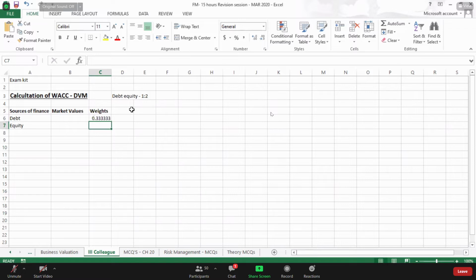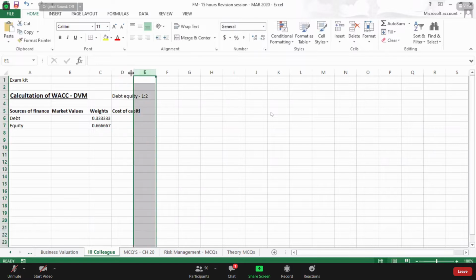This is the weight of debt and 2 divided by 3 is the weight of equity. Everybody understood this. Then what do you do? You have to multiply it with their respective cost of capital, which you will have to calculate now.